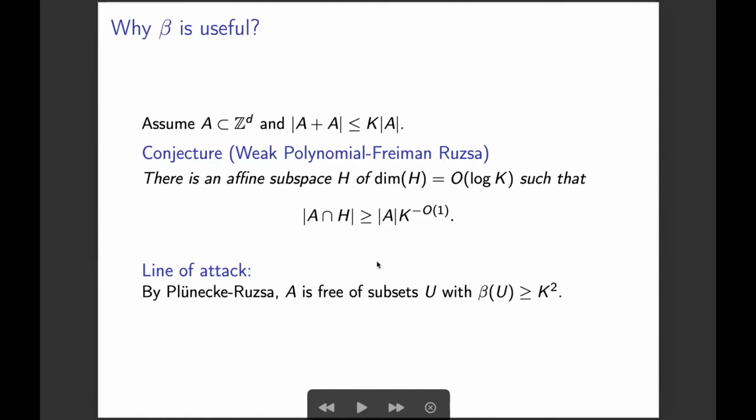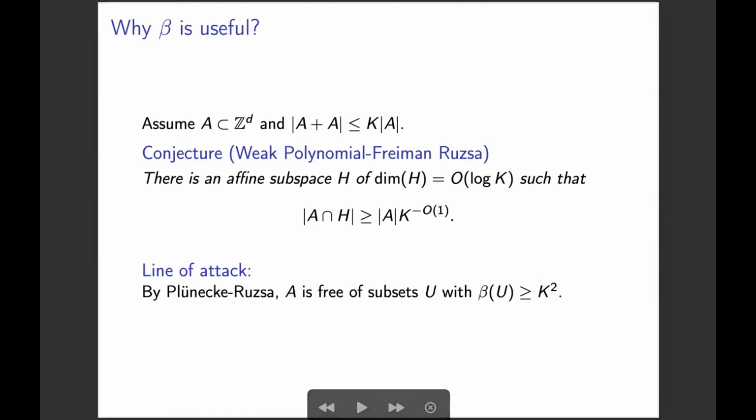So they cannot contain any subsets with induced doubling bigger than K, because otherwise A+A would have been much bigger. In particular, all the subsets of A must have quite small beta, less than K squared. And going contrapositive, it says that A is free of subsets with large beta.